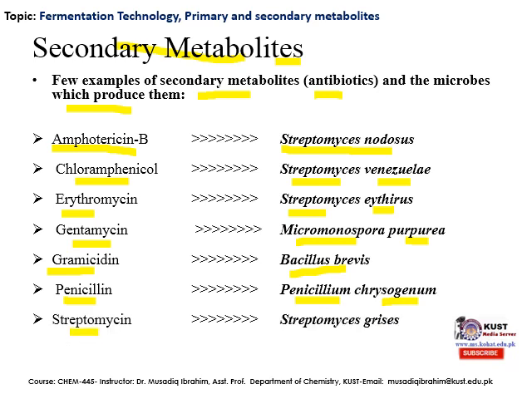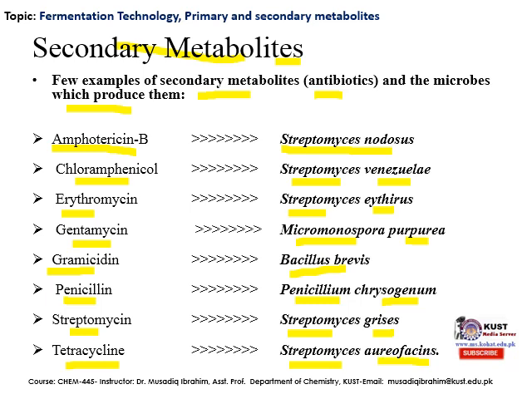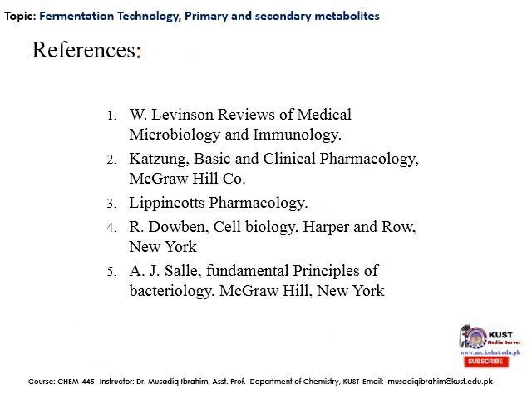Streptomycin, which is also a very famous antibiotic, is produced as a secondary metabolite by Streptomyces griseus. And tetracycline, which is also a very effective antibiotic, is produced by Streptomyces aureofaciens. So these are the references, and for further reading and explanation you can consult these books.